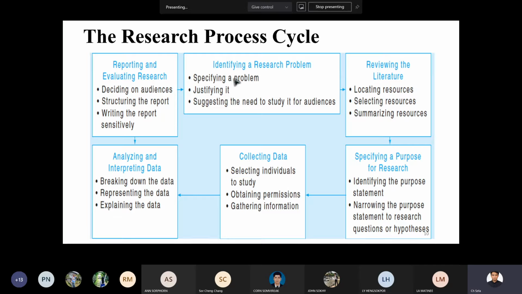So you specify the problem. What problem do you want to solve? What problem do you want to look into and explore? Where do you get the problem? Is it a problem made by yourself, or is it a problem that exists and you find it from other people's research?